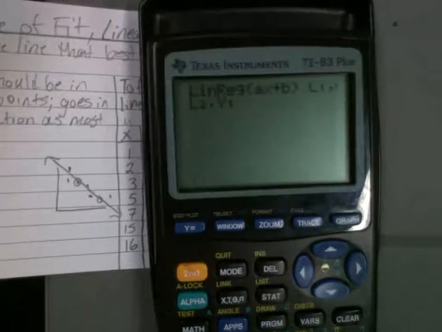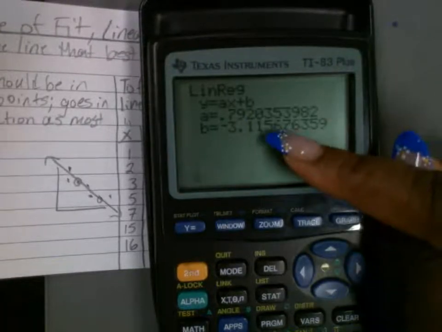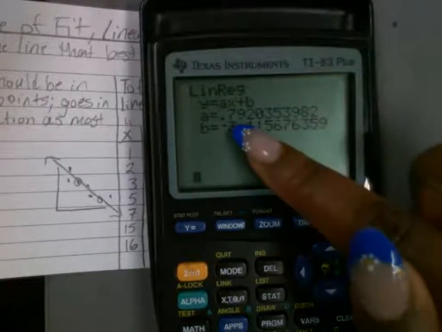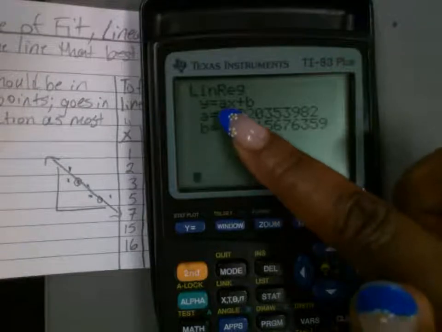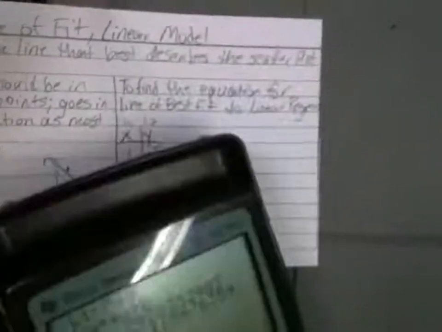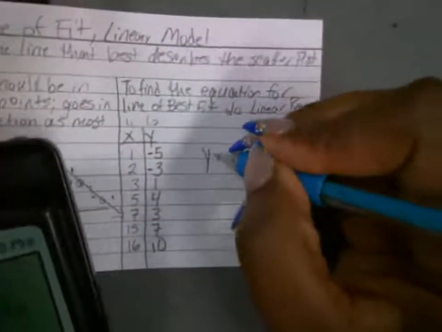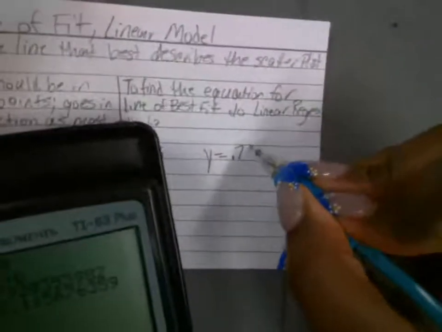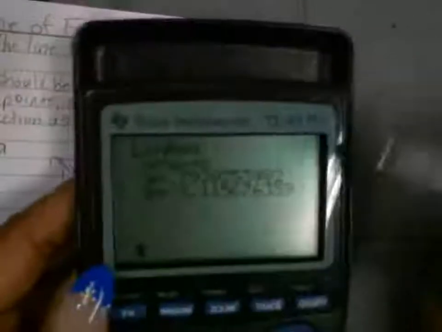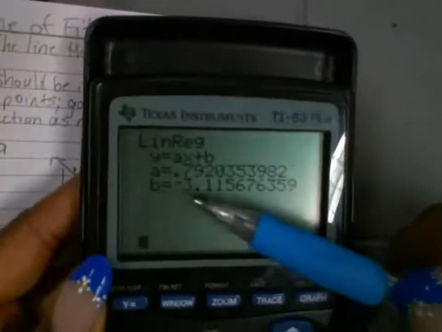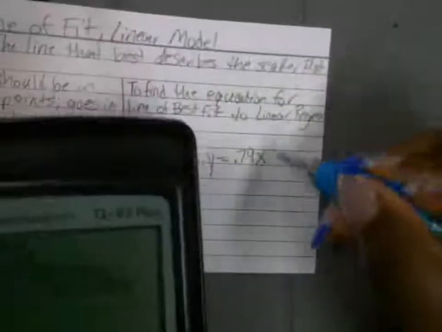1, 2, 3. This is the equation. You can cut this decimal off. Your A is the slope. So you could write this as Y is equal to 0.79X. And your y-intercept, your B, is negative 3.1.